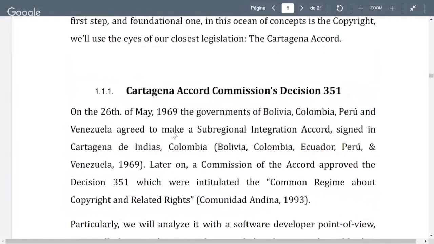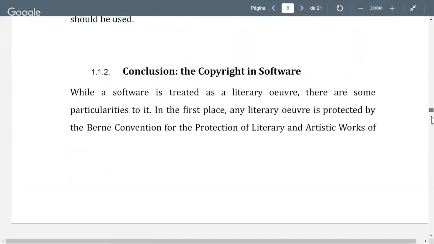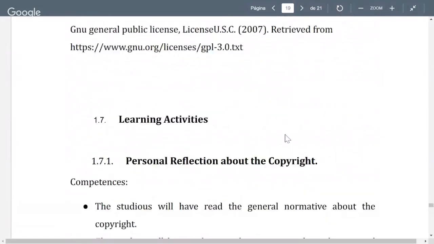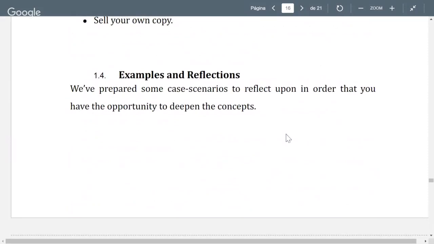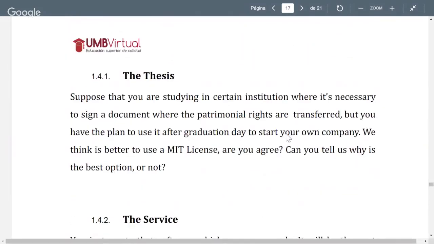Okay, so saying that, we are going to our three scenarios. The first one: your thesis. Suppose that you are doing your thesis, and in your thesis you are making a software, and the university, and this is a common scenario, asks you to sign a paper to transfer the patrimonial rights of the software to the university.